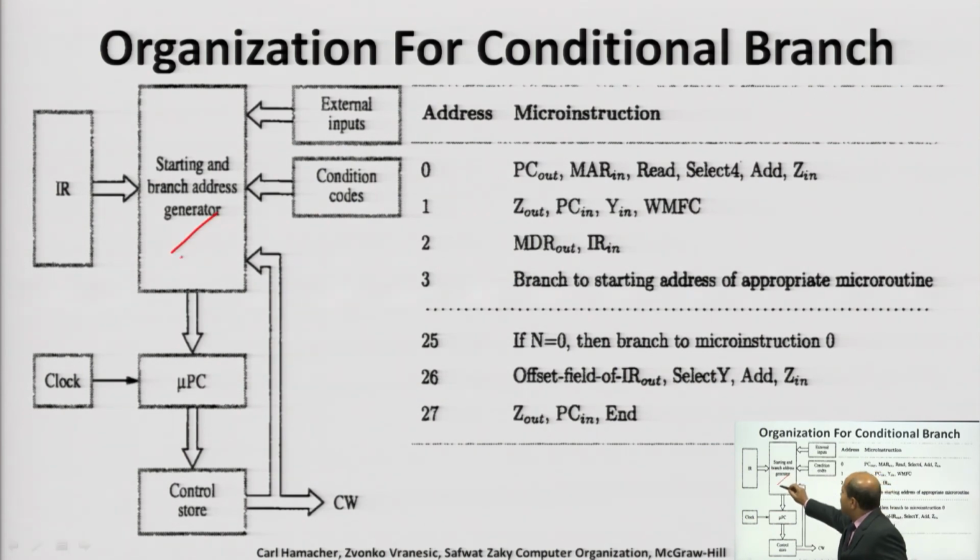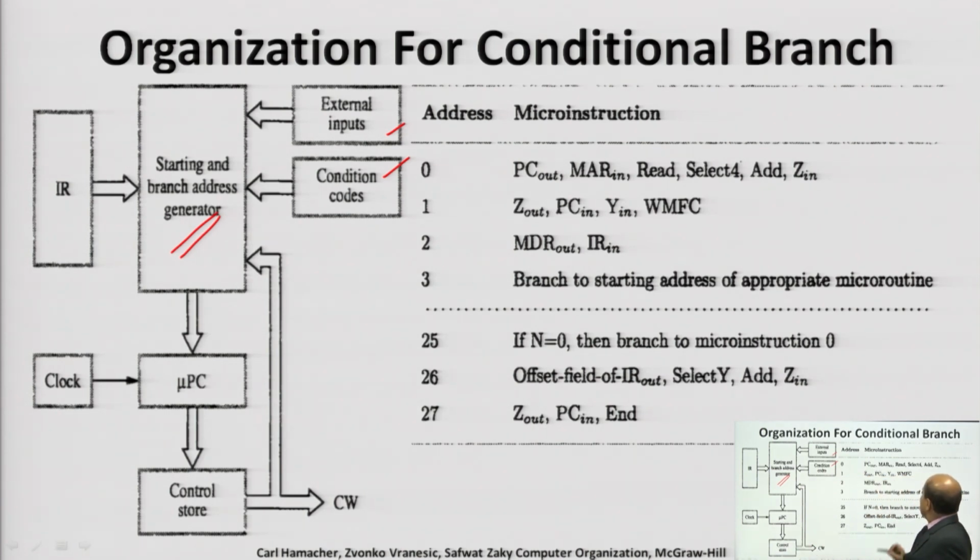So, the starting and branch address generator will generate the initial or 0 location address, or the first instruction address, and based on conditional and external inputs it will generate the address of the instruction where it has to jump.